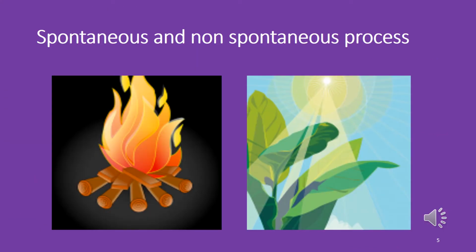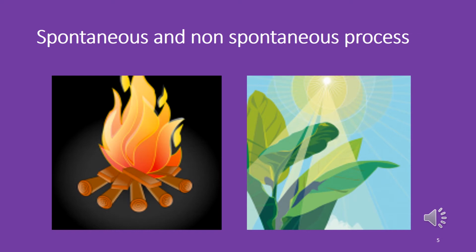Let's briefly see what spontaneous and non-spontaneous reactions are. A spontaneous process happens automatically. You might have to start off the process with a little activation energy and the rest will take care of itself. A good example of a spontaneous process is combustion, the burning of a substance to produce heat energy.